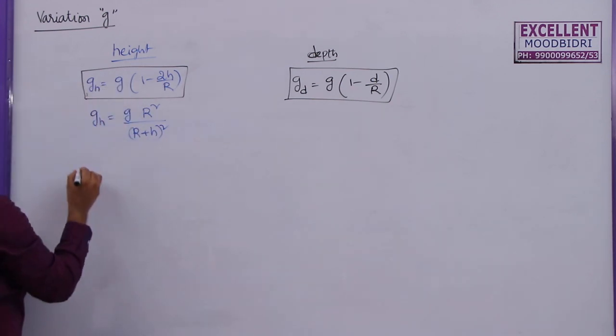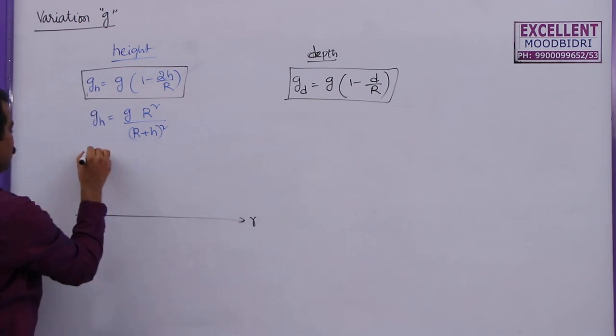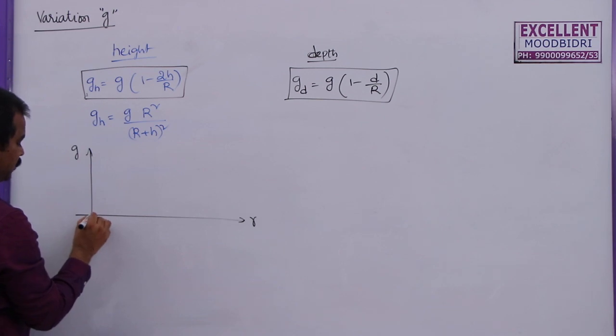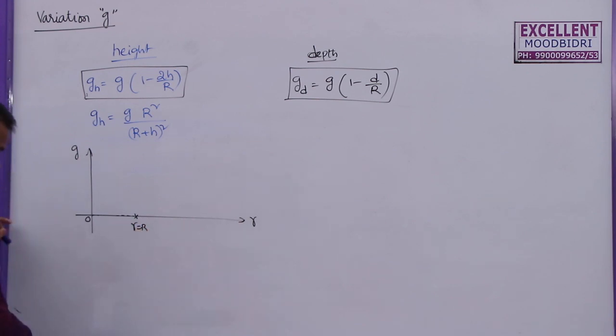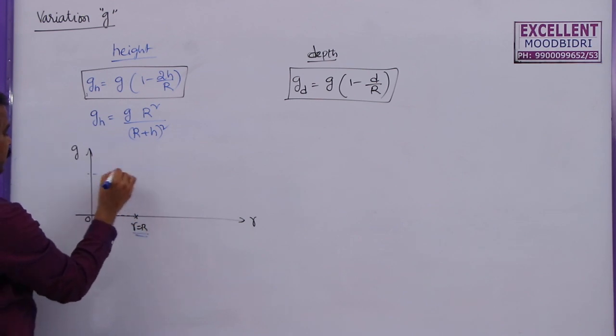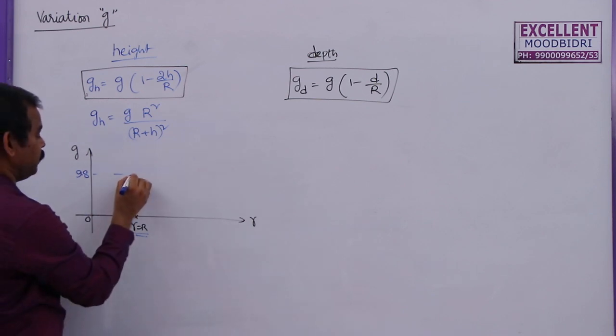Now if you draw the graph above the surface of earth, this is the r value, this is the small g value. Now I am not going to take the center of earth as O. I am going to take up to this distance where small r is equal to capital R. So what is small g when small r is equal to capital R? Let us say this is 9.8 meter per second square. After that, what happens?